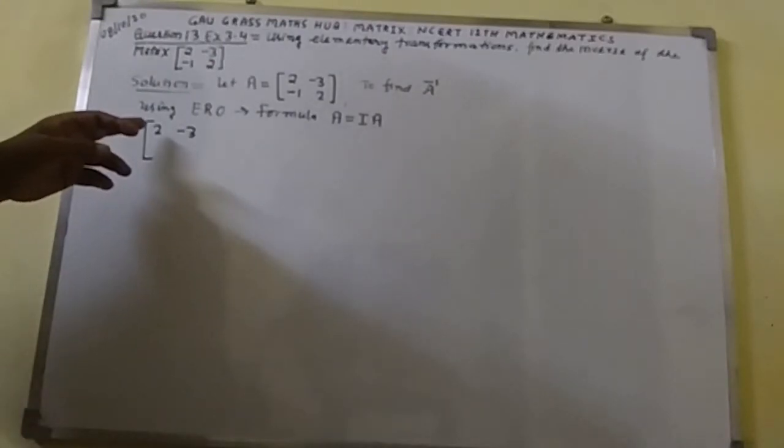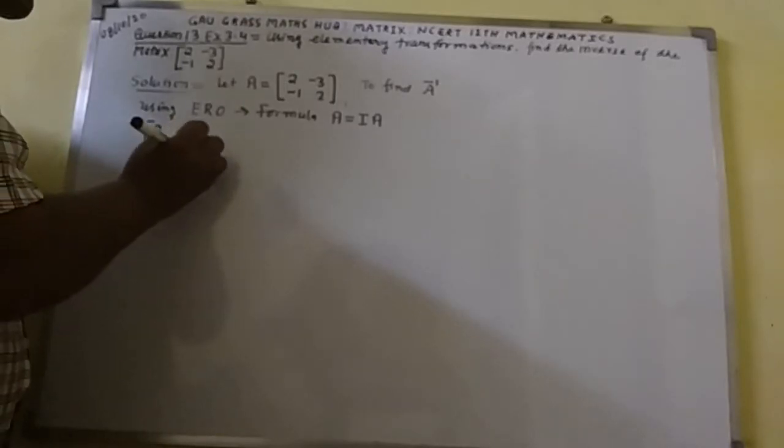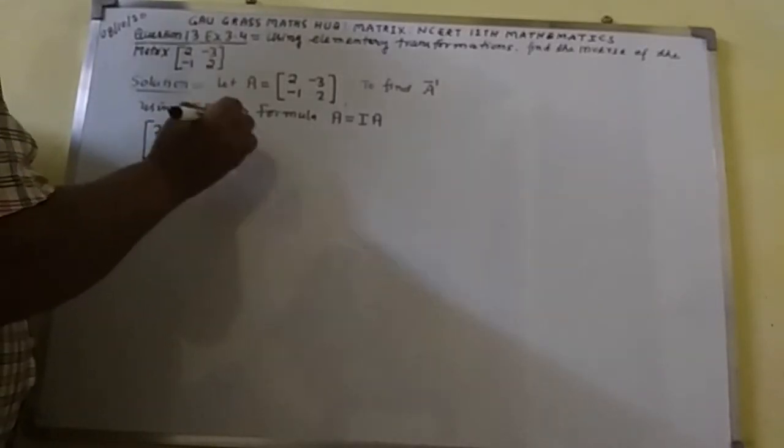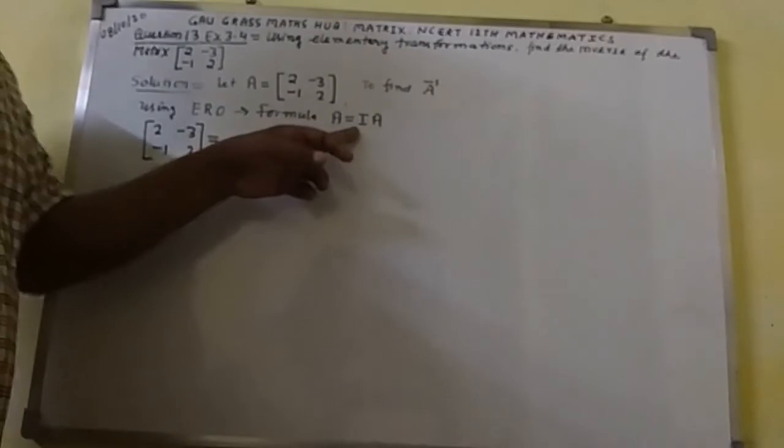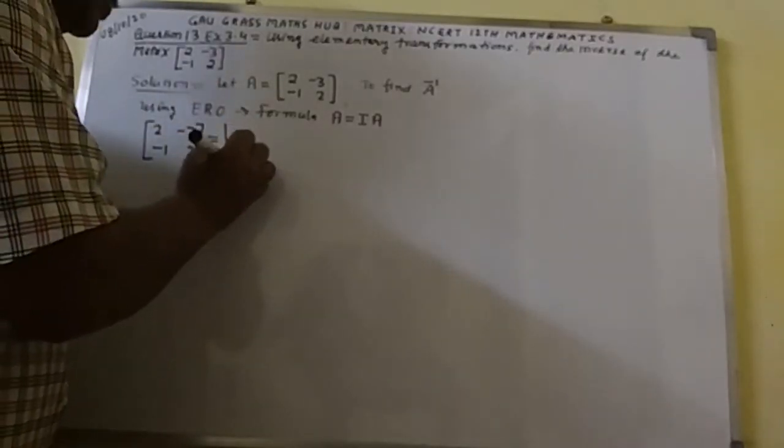The elements of first row of the given matrix I shall write 2, minus 3, and the elements of second row of the given matrix I shall write minus 1, 2, equal to the identity matrix, which will have the same order as the given matrix.